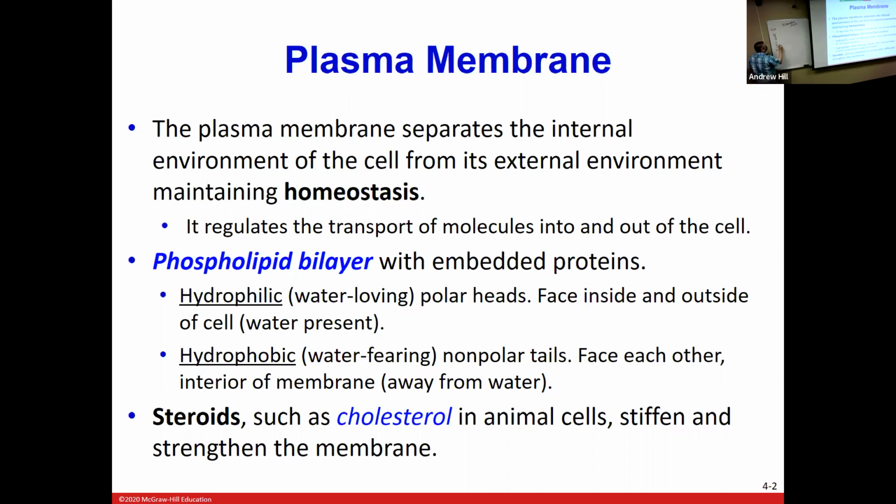This is a bilayer because it's two layers, right? There's a layer facing inwards, and a layer in which the polar ends of these molecules face outwards. The main point here is we have this huge region in the middle, which is hydrophobic.